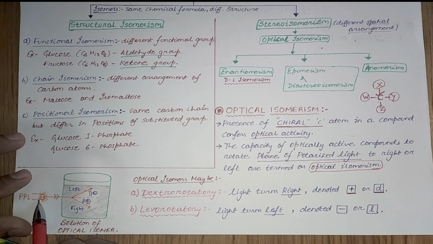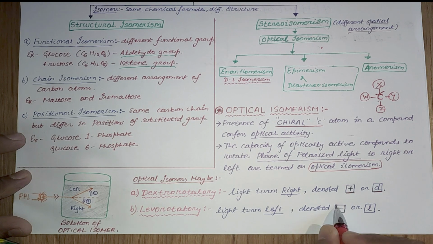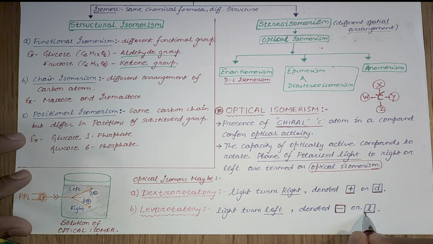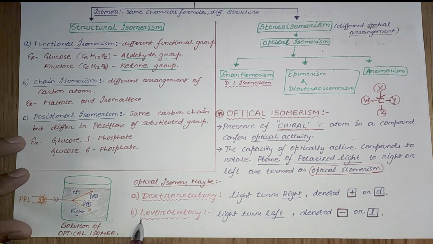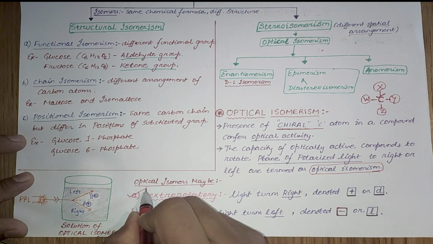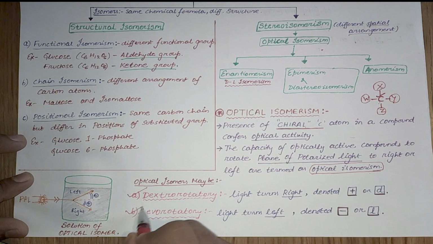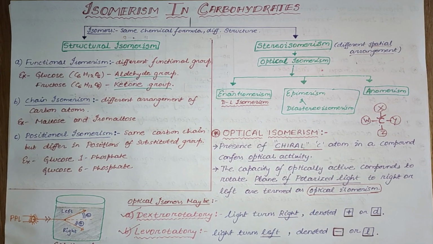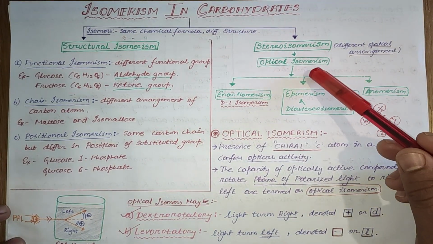If the plane polarized light rotates towards the left, then it is denoted by a negative sign and by small letter l, and it is known as levorotatory. So now we know what is dextrorotatory, what is levorotatory, and what is optical isomerism.